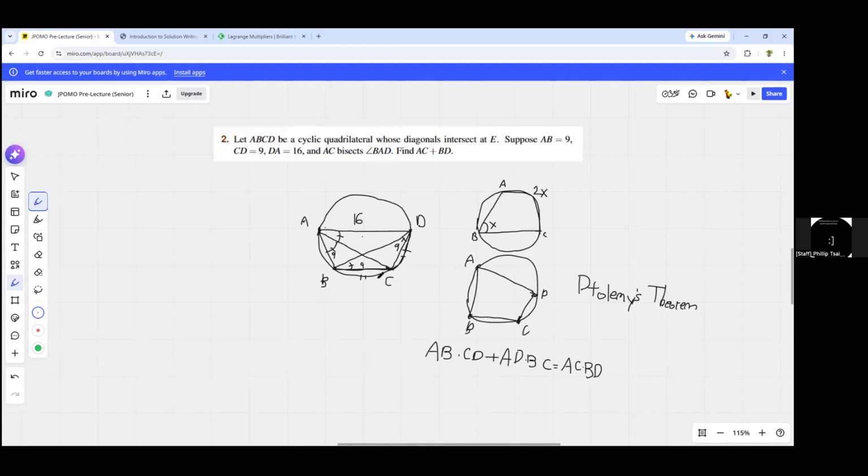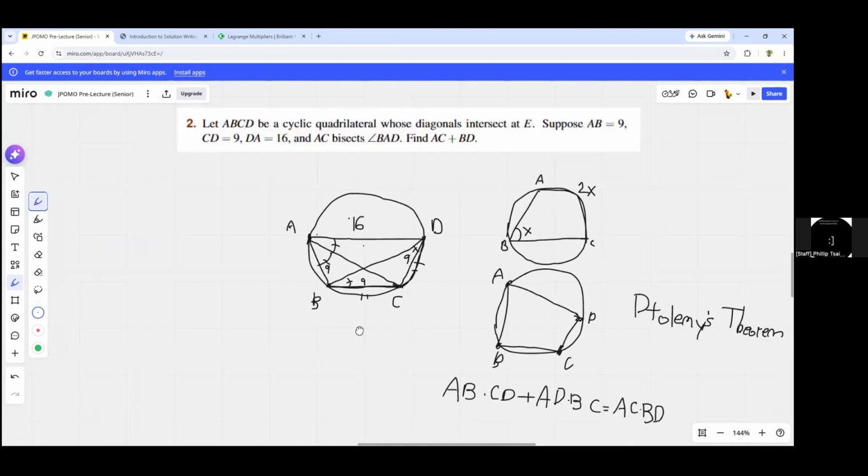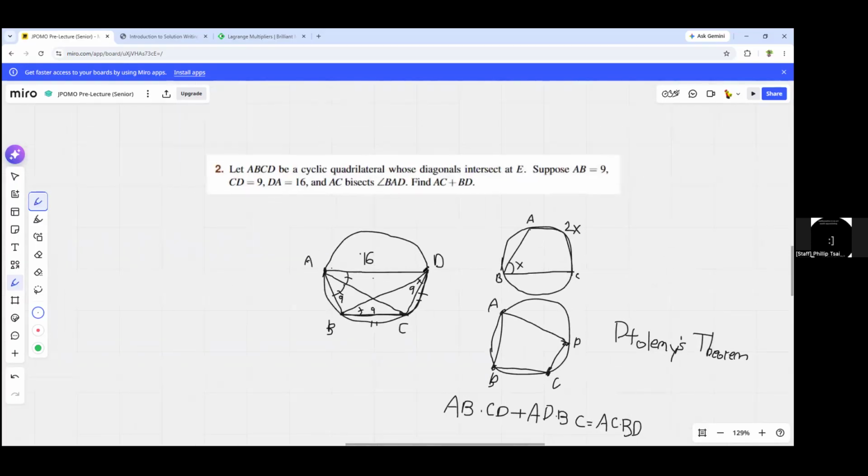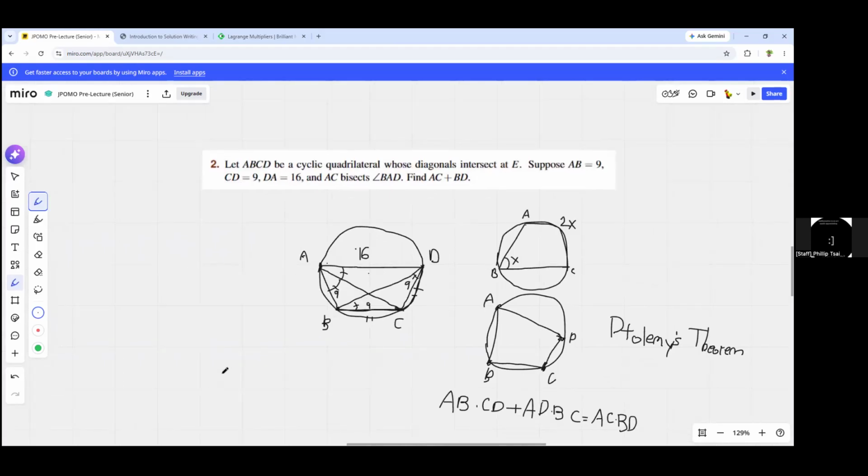But how do we use this information? Actually, this information will be used later.